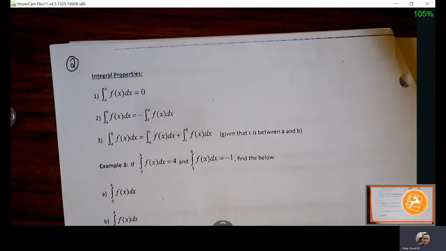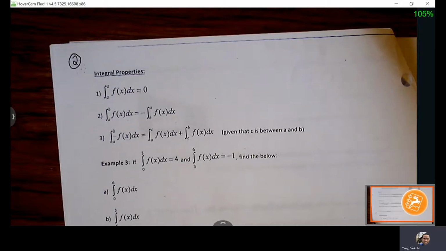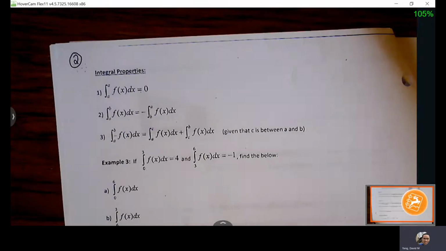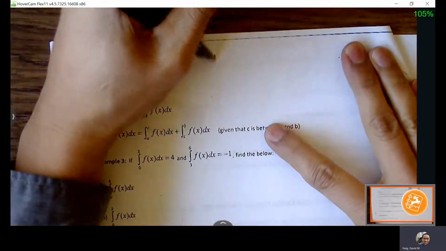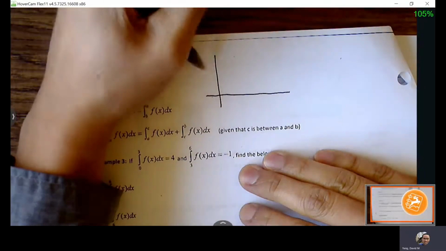Okay, let's go through some properties of definite integrals. Let's say I have a graph, just for visual purposes.